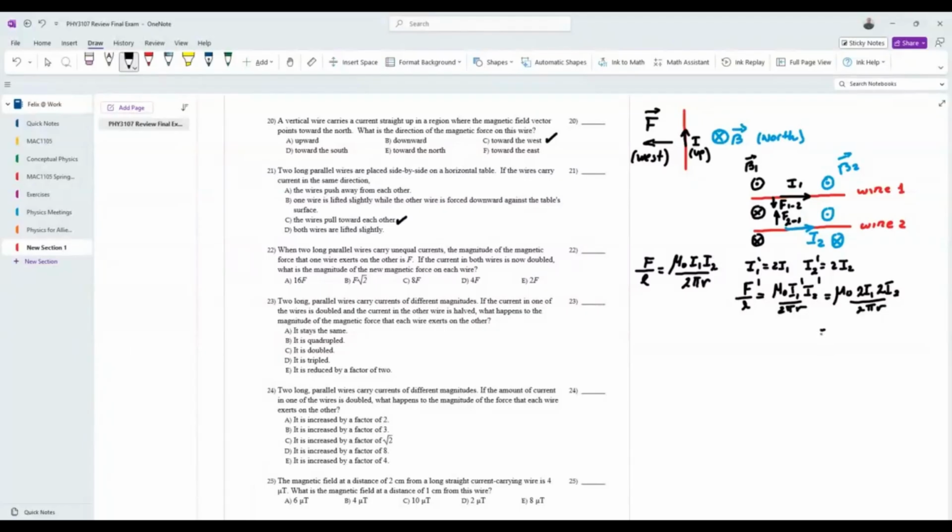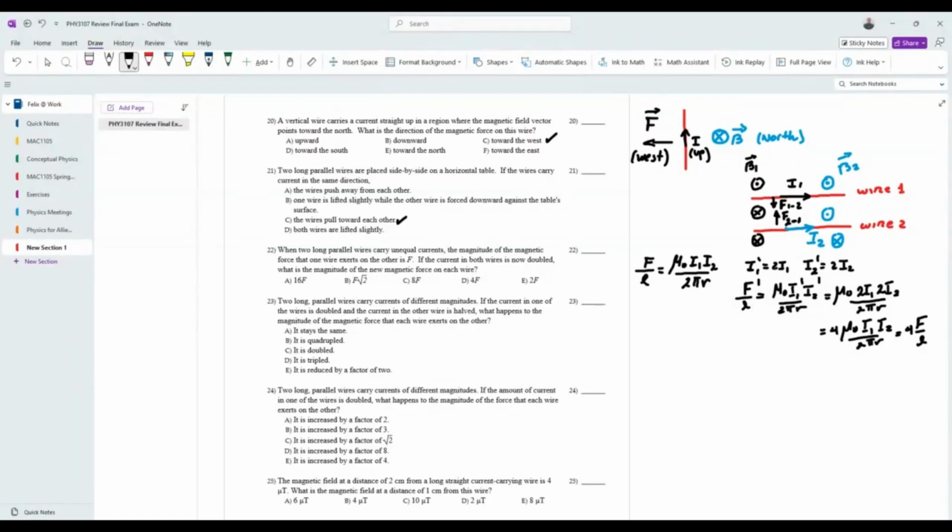So this would be 2 times 2, 4, mu sub 0, I sub 1, I sub 2 over 2 pi r. So it would be basically 4 times F over L. So that means that now my new force per unit of length, F over L prime, would be 4 times the initial force per unit of length, right?